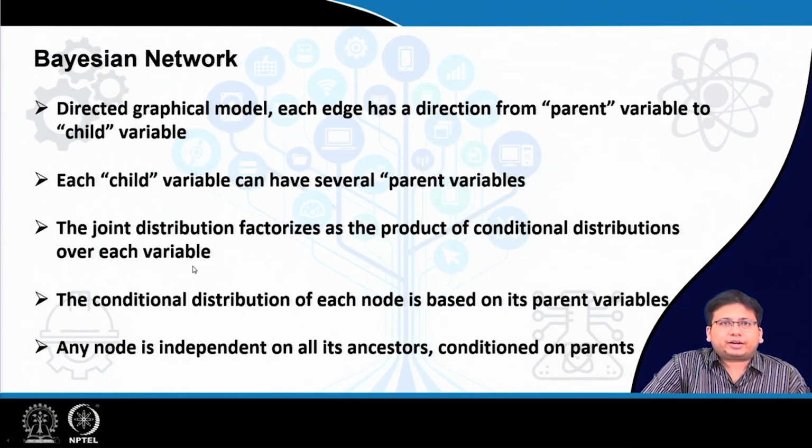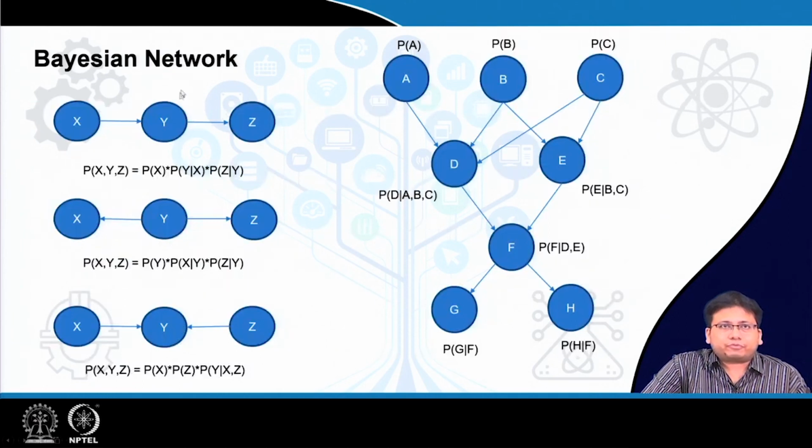But in this case, note that y has only one parent x and z also has only one parent y. So, in this kind of a Bayesian network, the conditional distribution of each node is based on its parent variables, and the joint distribution factorizes as the product of conditional distributions over each variable.